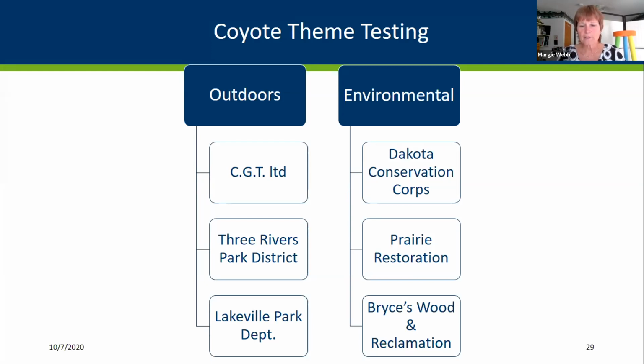And then Bryce's Wood and Reclamation, where we ended up doing an activity of putting together a deck in the shop. But again, some use of hand tools, which we saw in Coyote's list. Putting together things, only working with one person, someone he was familiar with, kind of met some of those conditions of his too.